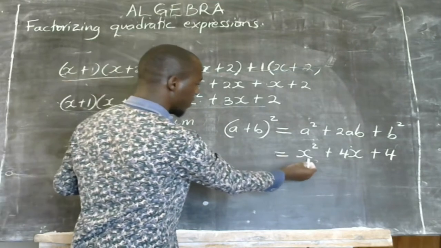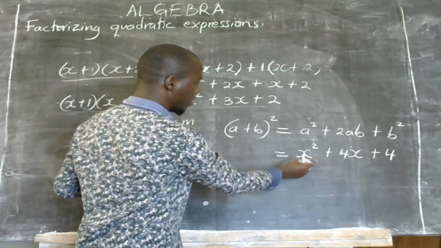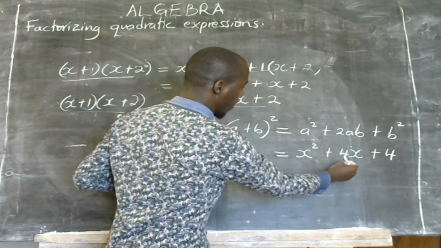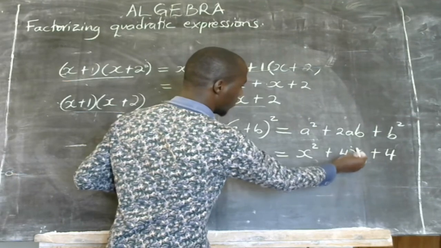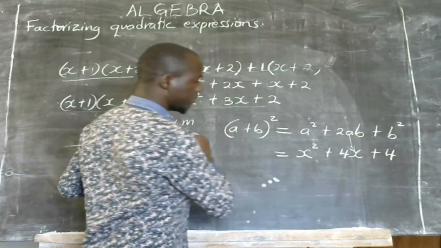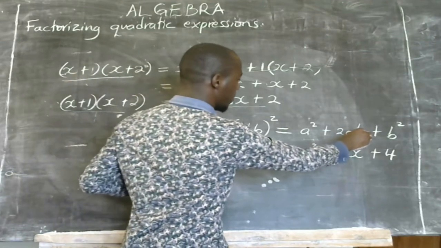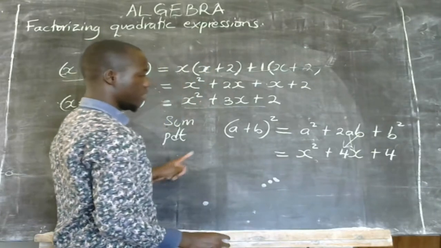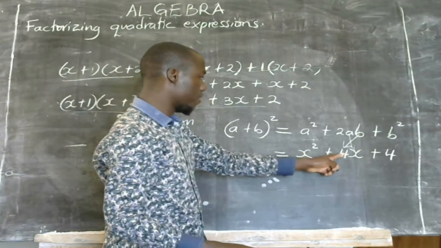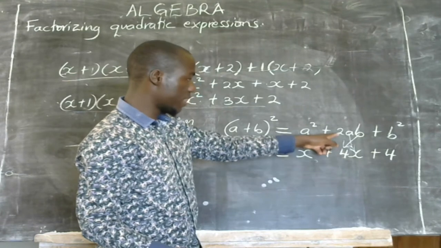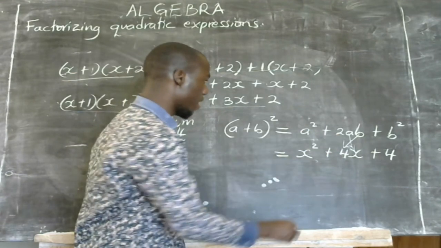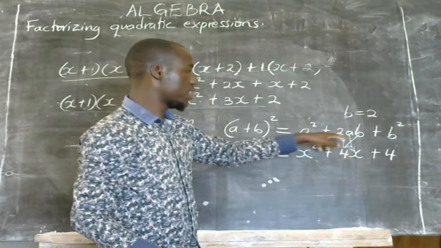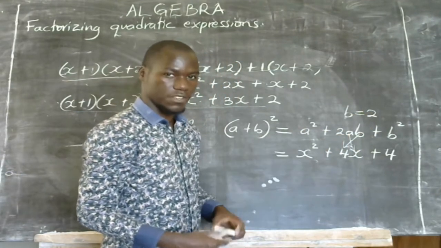So when you look at it, the a here is my x. When you look at the 4x there, we say the x is already the a. Then that means that the b should be embedded in the 4. When I divide this 4 by the 2, I'll have my b as 2, because on the expansion there should always be a multiplication by 2.